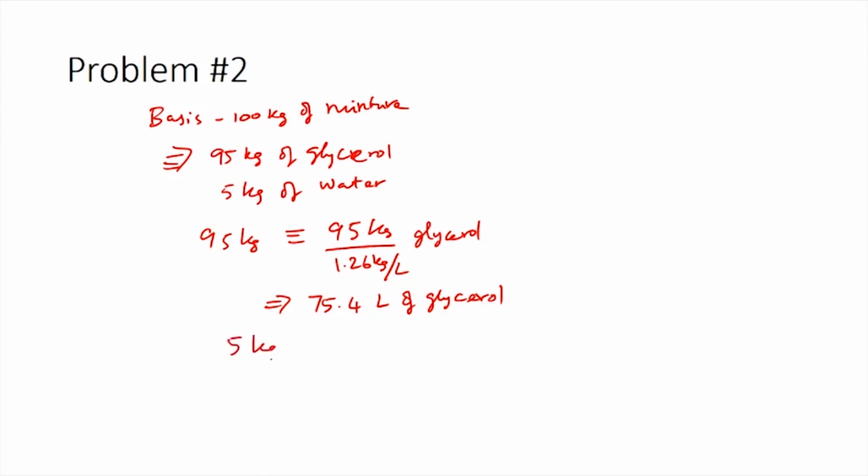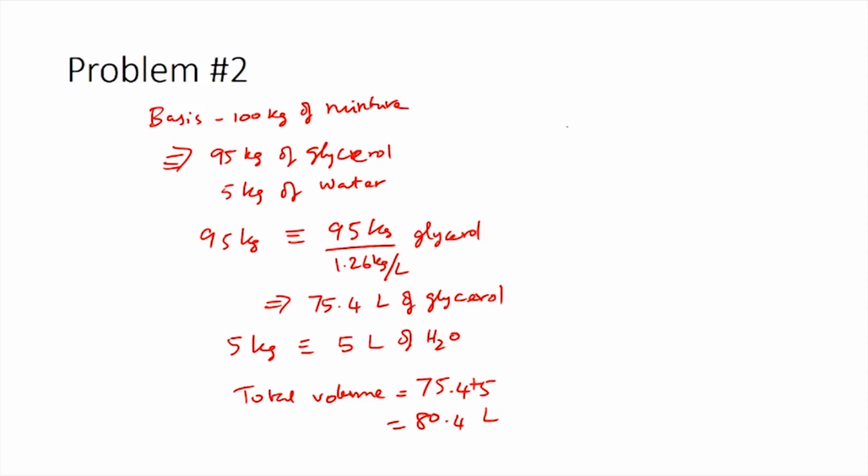Similarly, 5 kilograms of water would basically occupy a volume of 5 liters of water. So, with this we know that the total volume of the mixture would be equal to 75.4 plus 5, giving you 80.4 liters as the total volume of the 100 kilogram mixture.